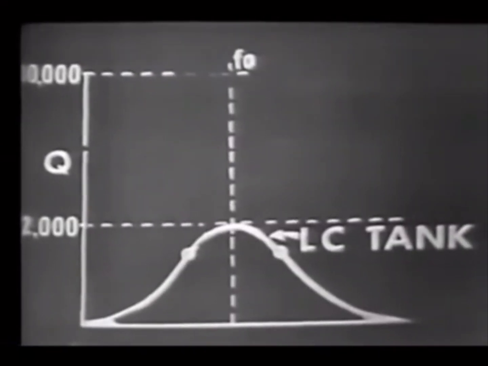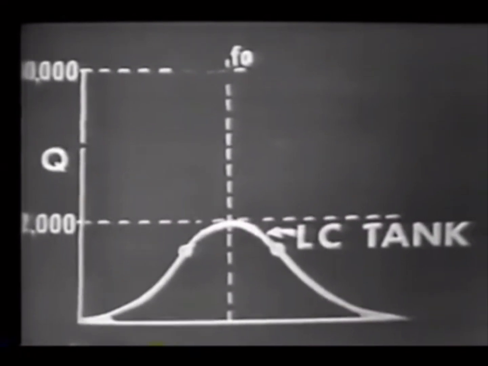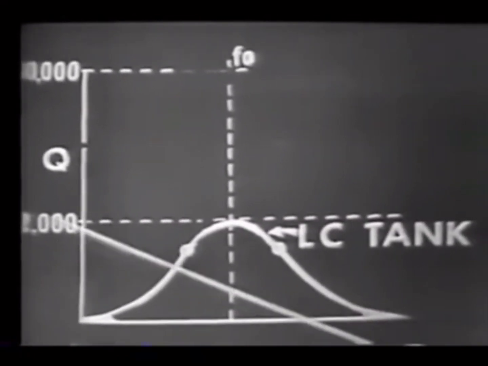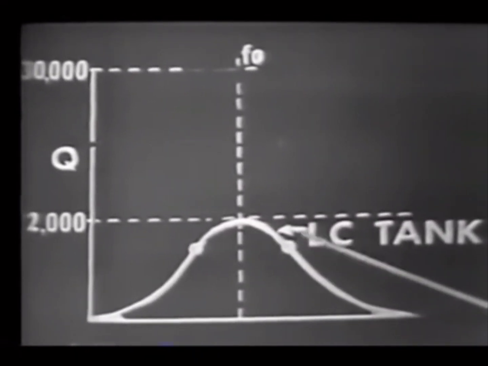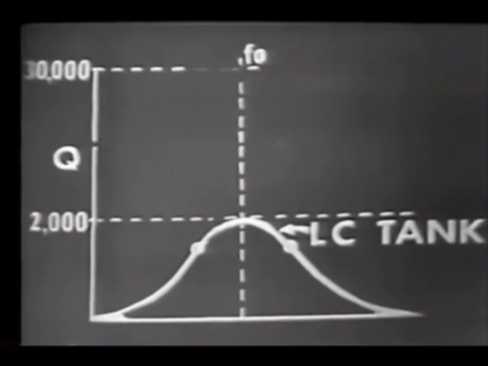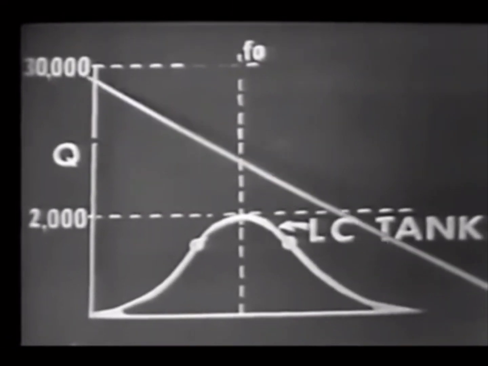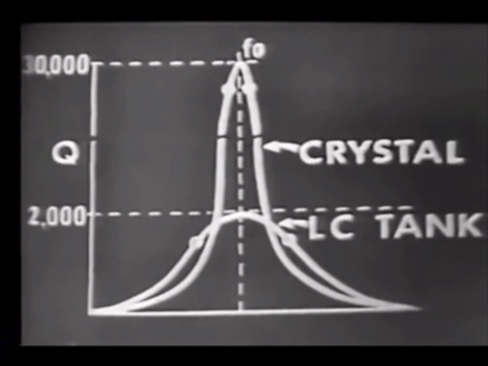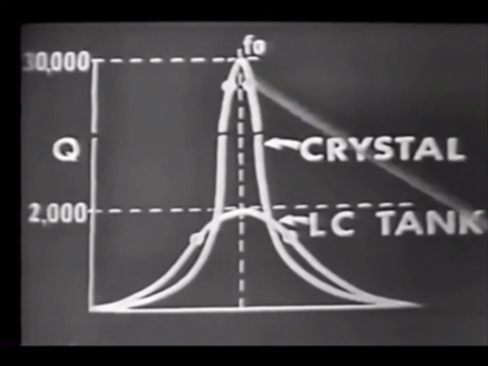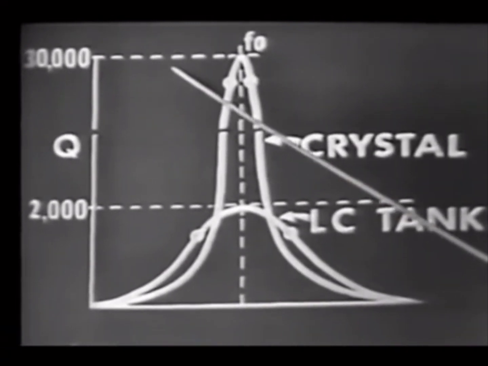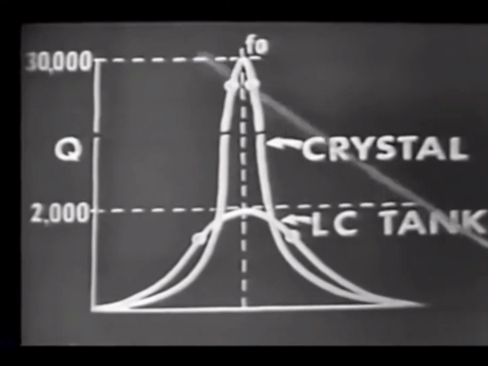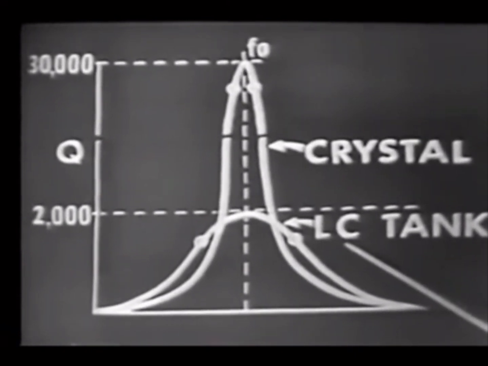The Q of an LC tank circuit is seldom greater than 2,000, whereas the Q of the crystal is sometimes as great as 30,000. And comparing these two, you can see that the Q of the crystal would be many times greater than that of the LC tank circuit.